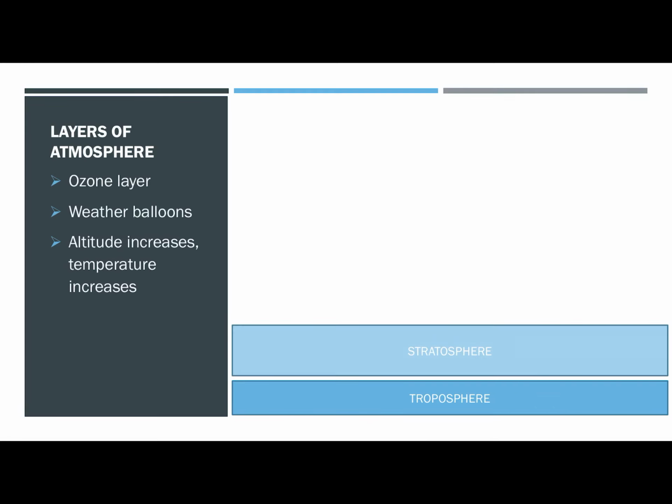Our next layer is the stratosphere. This is where we put our weather balloons. What we find here is that we actually have a temperature increase with altitude. So here our temperature is decreasing, and now our temperature is increasing. And this is due to the ozone layer.